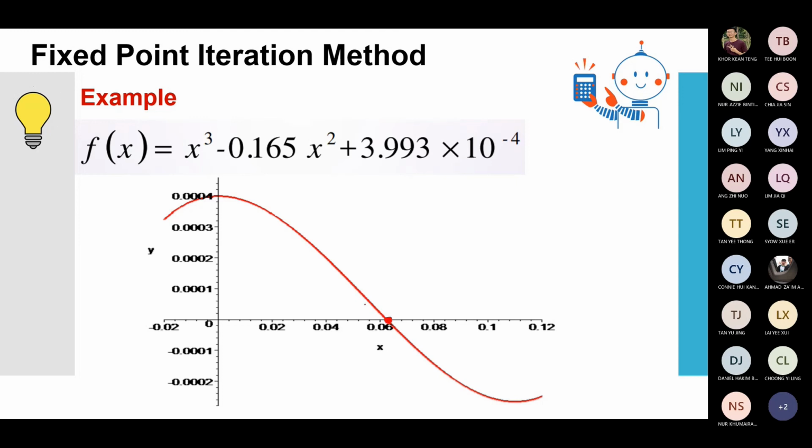Now we already know the lower value and the upper value. The lower value we know just now, how much is that? 0.0, and then the upper value is how much? 0.11.